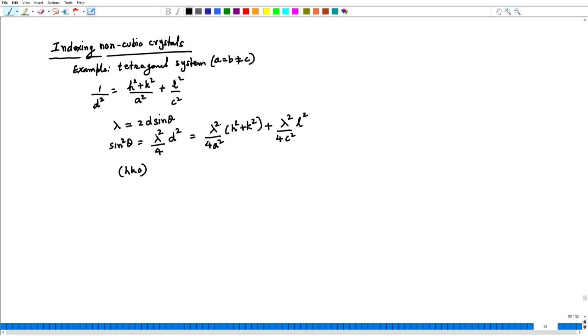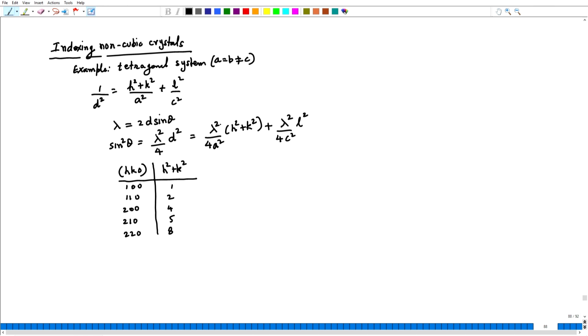Now, hk0 means that I can list down the indices in decreasing interplanar spacing. I can start with 100, h square plus k square is 1, 110, this is 2, 200, it is 4, 210, 5, and like that 220 is 8.